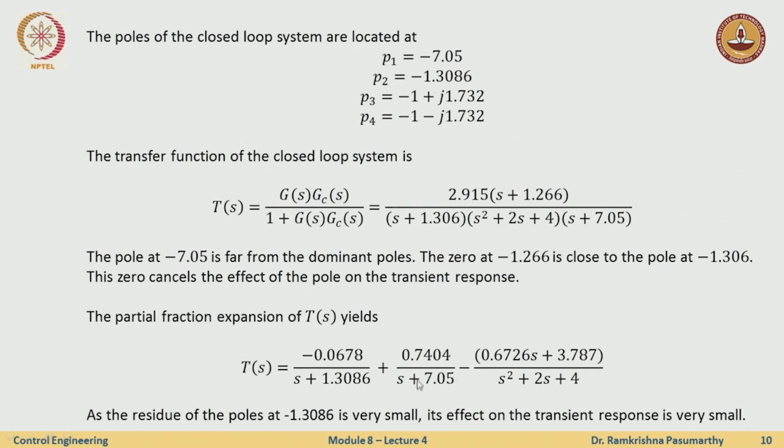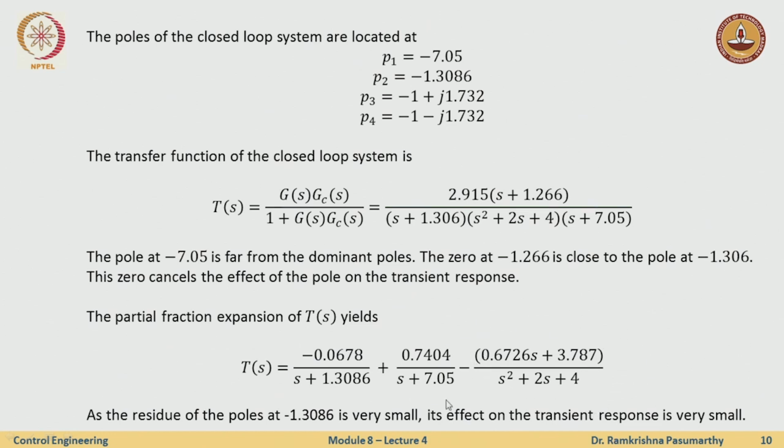This we know is much further away from the dominant poles, so this effect is minimal, whereas the effect of this pole is getting multiplied by a very small number in the numerator, and this essentially tells me that this pole-0 combination is almost a cancellation, and then you are just left with this part of the transfer function which essentially deals with the dominant poles.